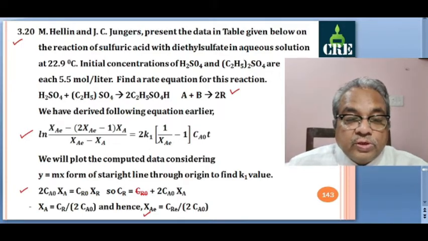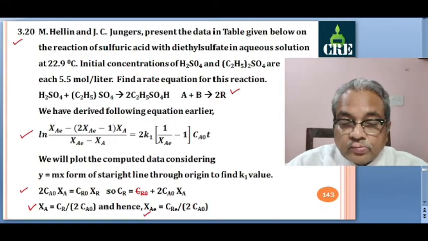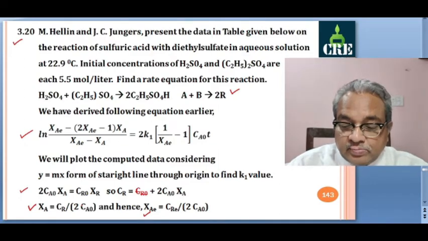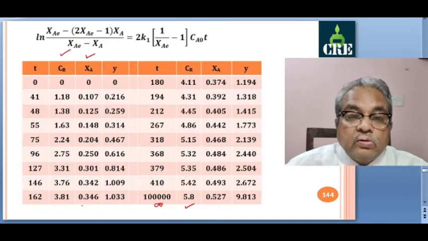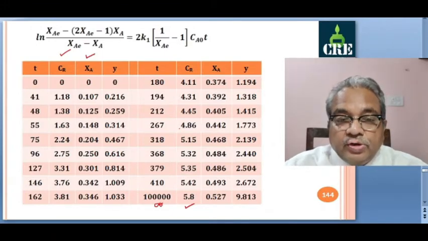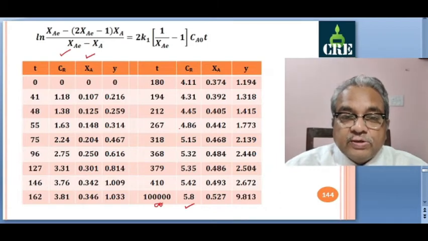Simply XA is equal to Cr by 2Ca0. Ca0 is 5.5, so 2Ca0 will be 11. Each value of Cr divided by 11 will give you XA values for the time t. We have many data points here.